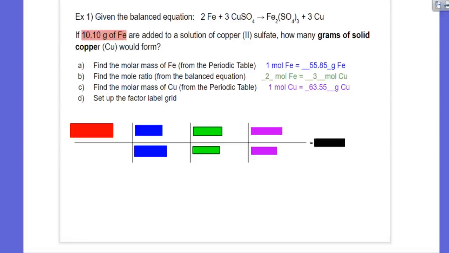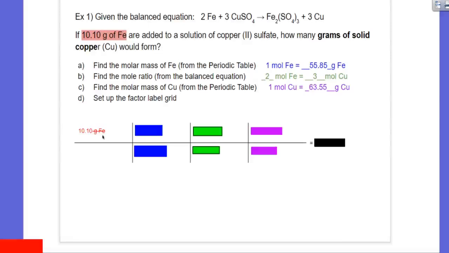Remember, we always start by putting our given unit in the top left corner. I have a value of 10.10 and a unit of grams of iron. So I've got my 10.10 grams of iron. Now you can use this as a wonderful map as to where to go next, but the most important thing you need to do is match those units.